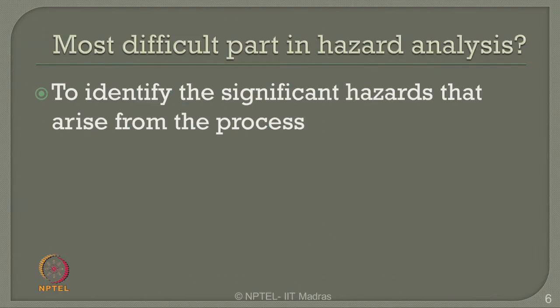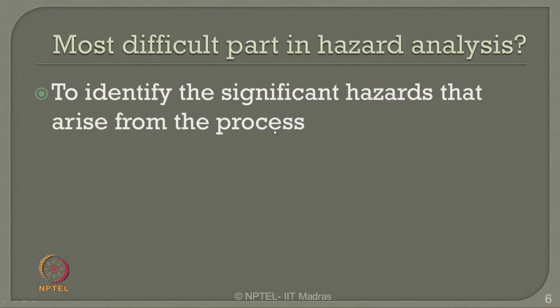One can ask a question, in the given hazard analysis scenario, what would be considered the most difficult part? The most difficult part in hazard analysis is essentially to identify the significant hazards that arise from the process. It is very difficult, friends, to know really the hazard scenario that arises from the process. There are many reasons for this.